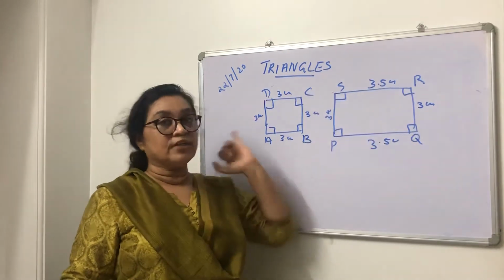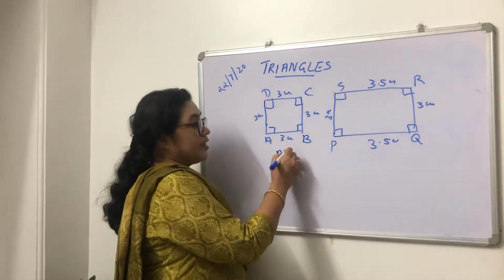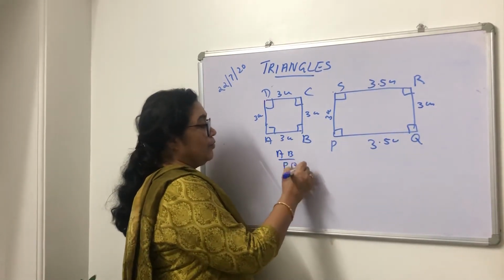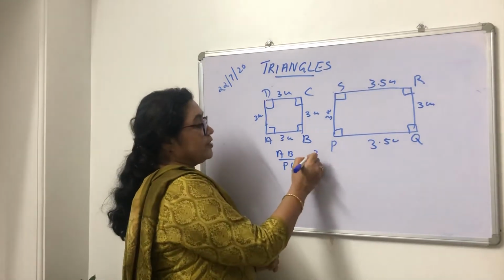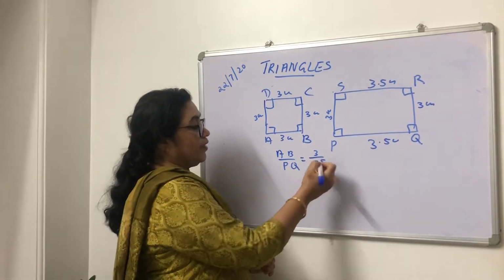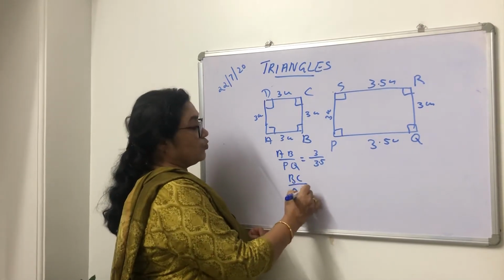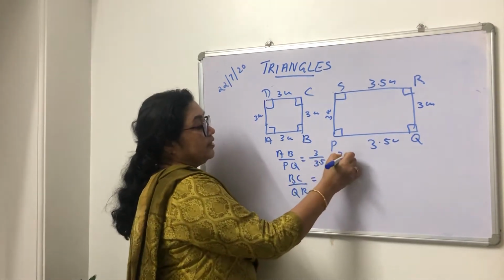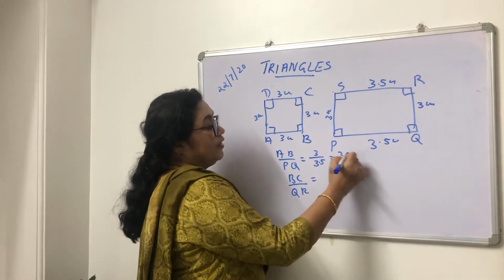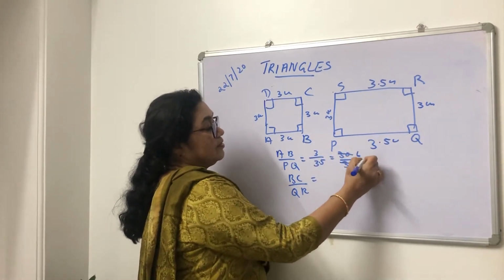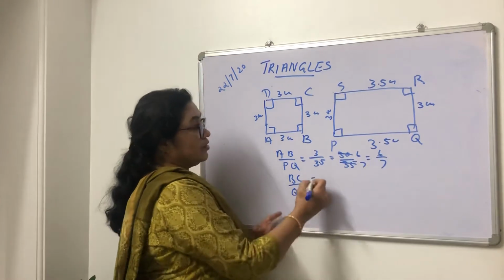Corresponding angles are equal. Now I am taking AB by PQ. AB by PQ is 3 by 3.5, that is 6 by 7.